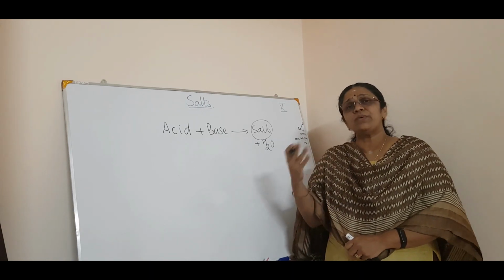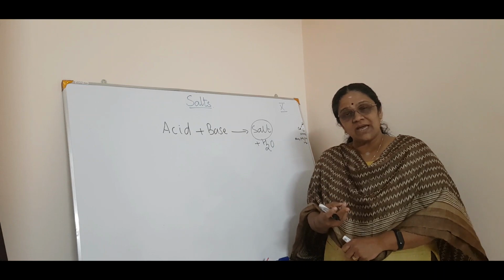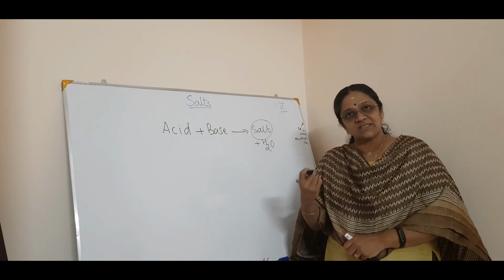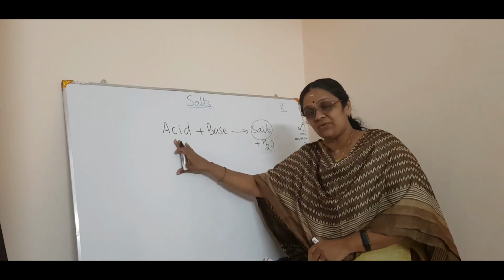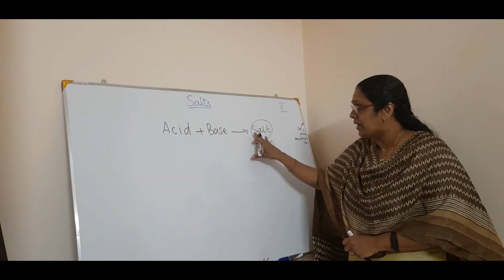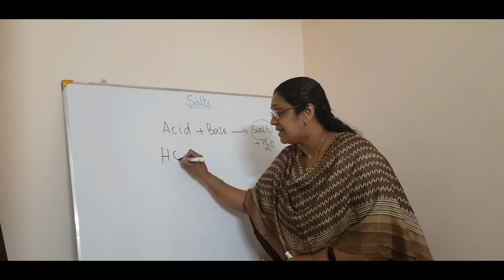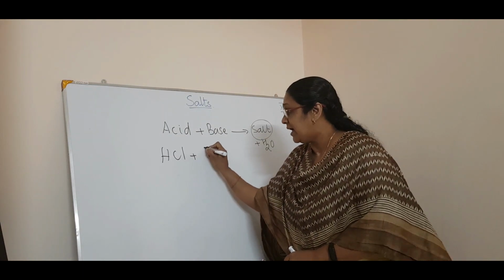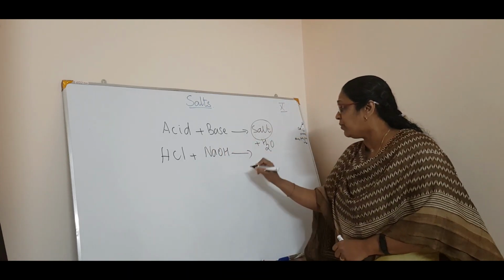We have studied so many types of reactions, isn't it? Displacement reaction, combination reaction, double displacement reaction, etc. So neutralization reaction means whenever an acid reacts with a base, you will get a salt and water. The best example is HCl, a strong acid, and a strong base, that is NaOH, which will give you salt.